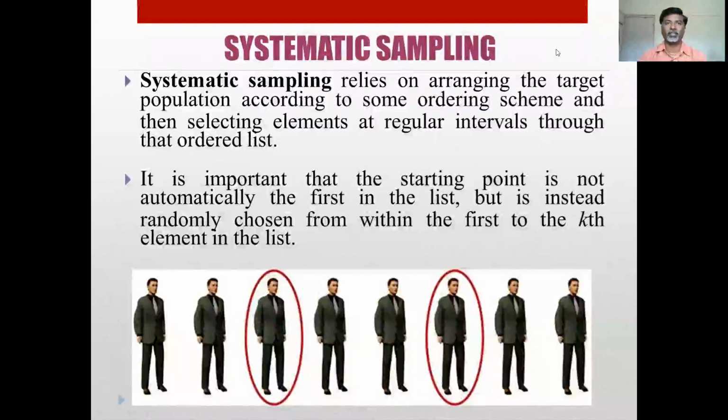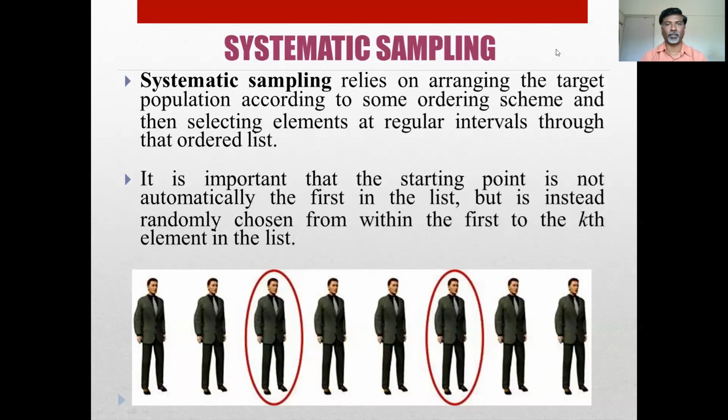Then the next type of sampling is the systematic sampling method. In systematic sampling, we arrange the whole population or the sampling frame that we have selected for our research in some order, in some ordered format, and from that ordered list we select a respondent at some regular interval. In the following diagram we can see that I have arranged all the population in a row in an ordered list, and I am selecting every third member as a respondent for my research.